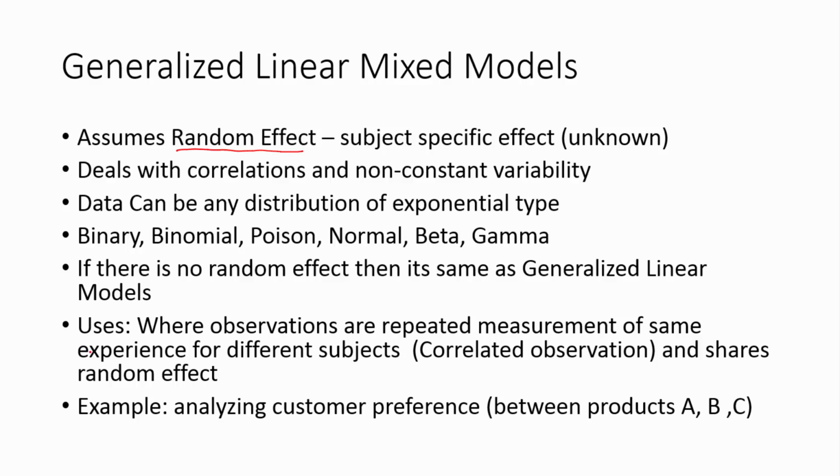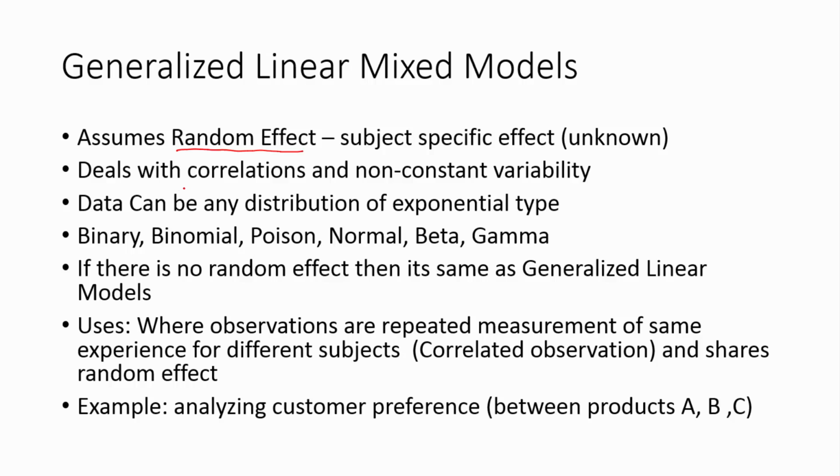For example, say there are three products, and we are analyzing customer preference for the three products. There could be some effects which are totally dependent on the different products, totally random. So there is a difference from the population average. That is known as the random effect, and the population average is known as the fixed effect. So the assumption is that there is a presence of a random effect in the data.